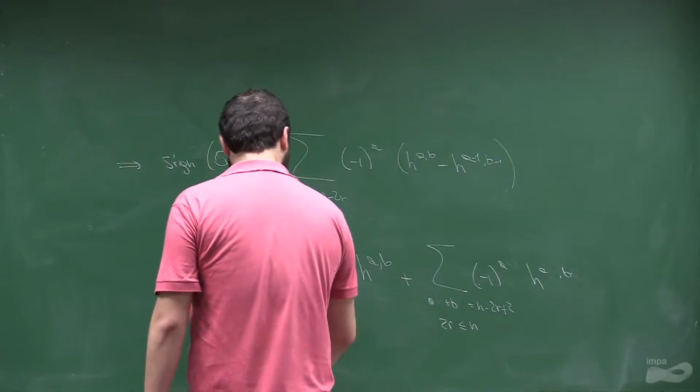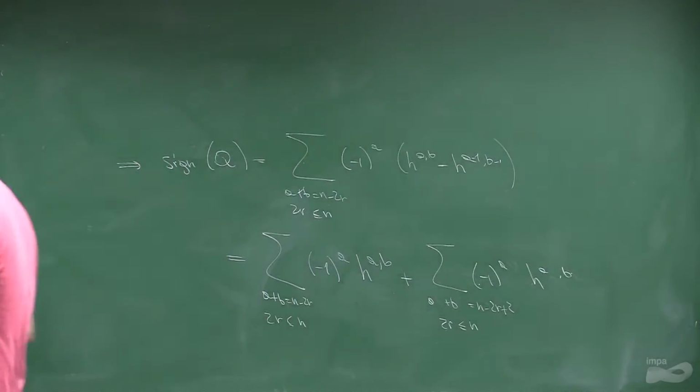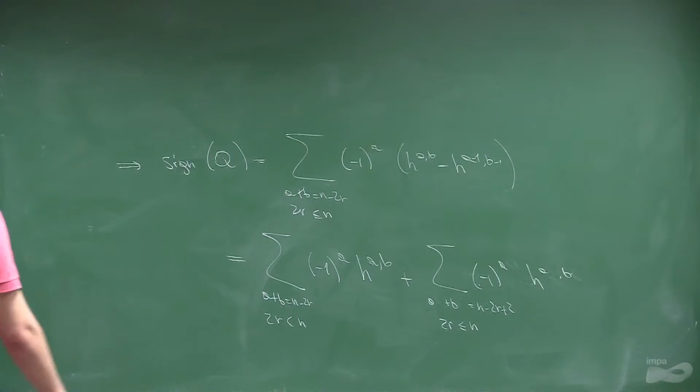So by third duality, we will have that this signature will be equal to the sum of all a plus b congruent to n.